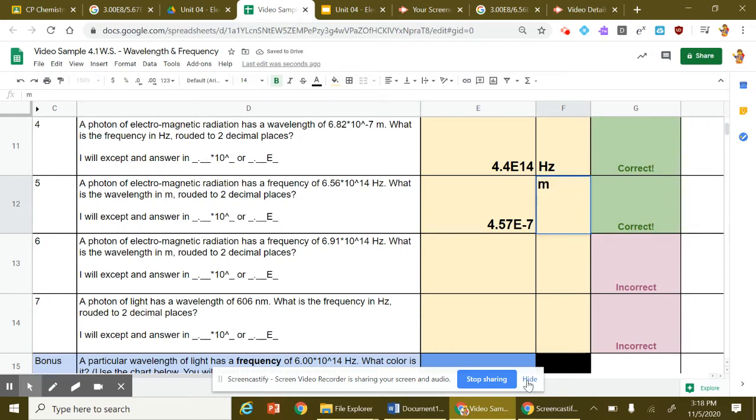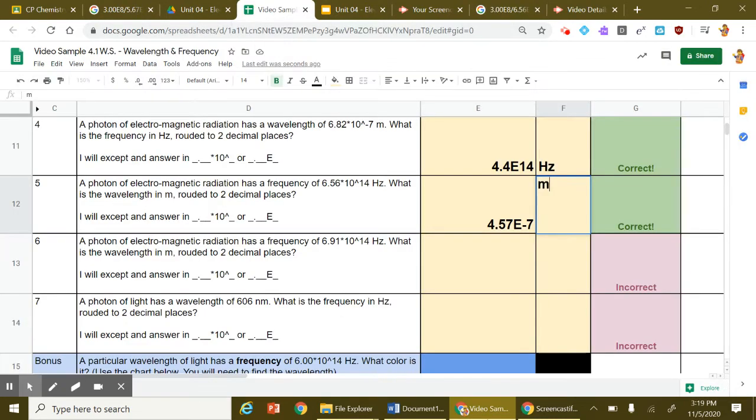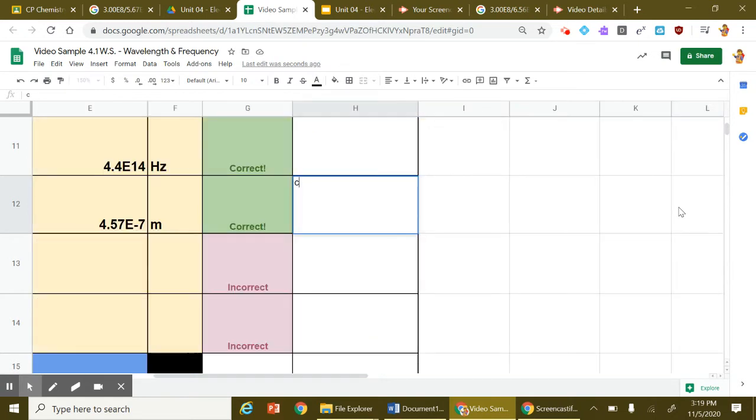All right, so by the way, if I want to show my work here, I can just copy this and paste it in the work section right here. I could say c equals wavelength times frequency, and then I can just paste in the work that I did. Bam, and that'll be good if that's what you want to show me.